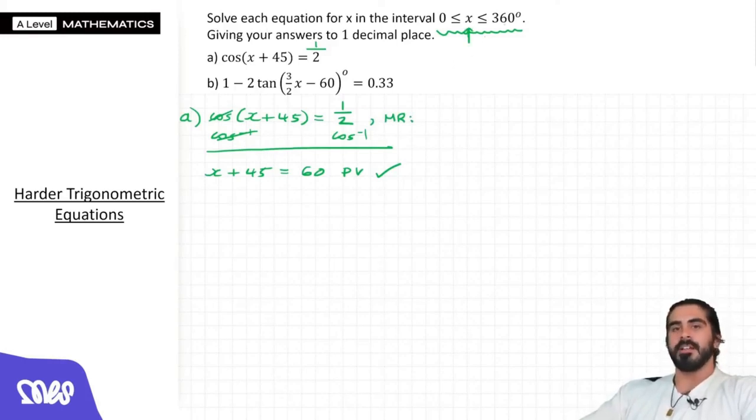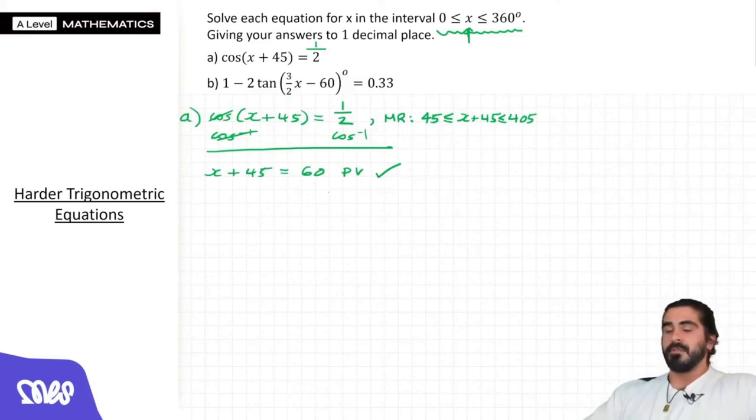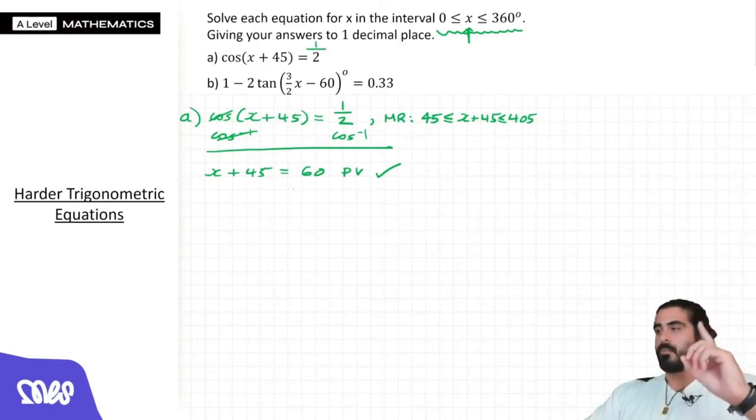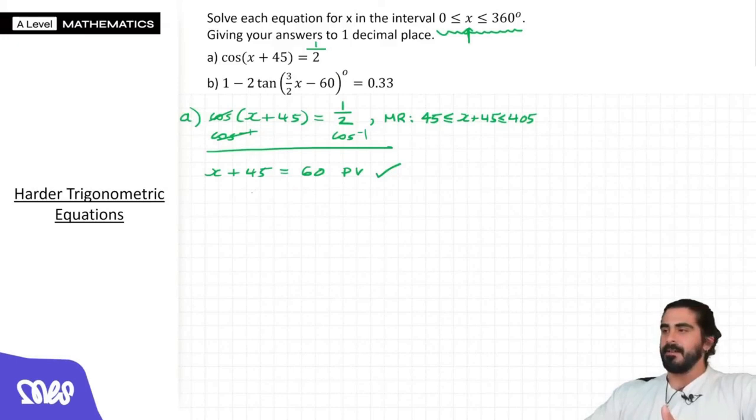This middle angle here needs to read x plus 45. The way we do that is just by adding 45 to every single number here. So 0 plus 45 is 45, then we get x plus 45, and then 360 plus 45 is 405. Everything we do at the moment is going to be relative to the modified range. Now we've just done step 1 of doing inverse cos. Next step, secondary value. Hopefully your memory is okay here.